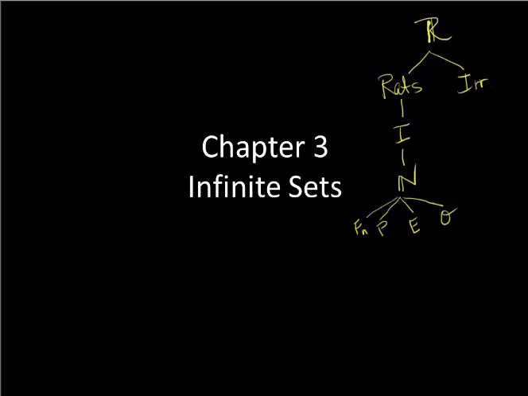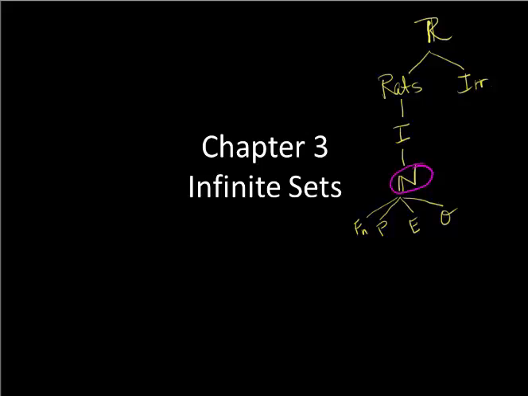Now, in Chapter 3, we are going to take the one we are most familiar with, the natural numbers, and we are going to compare all other infinite sets to capital N. We're going to ask ourselves, is the set of prime numbers smaller than N?